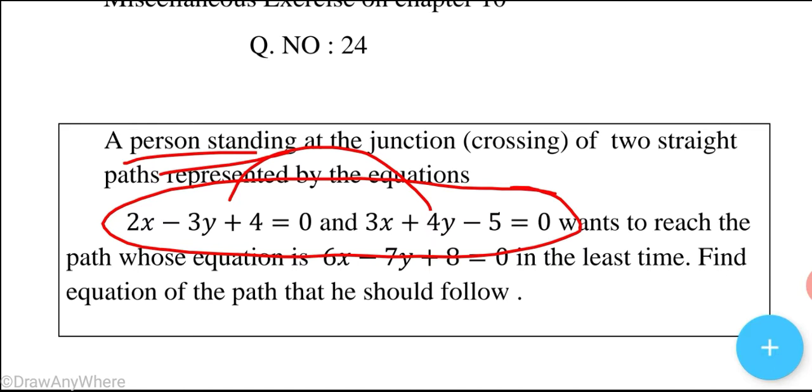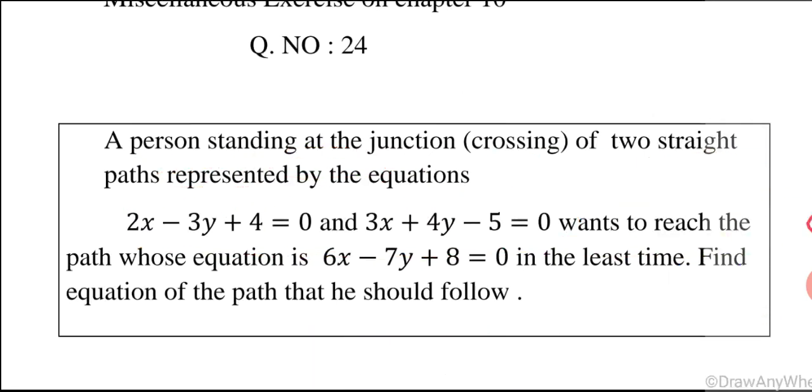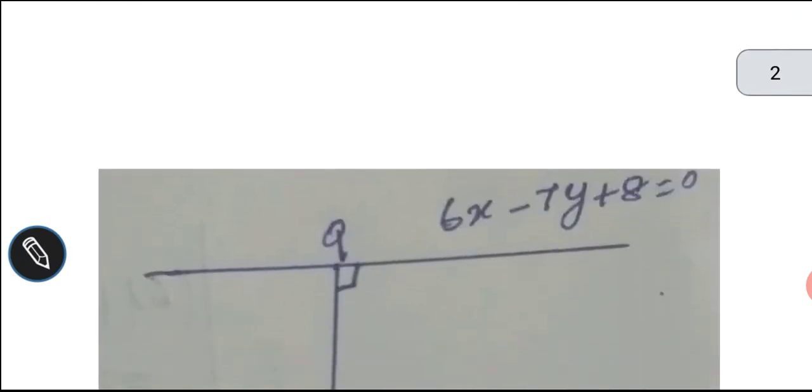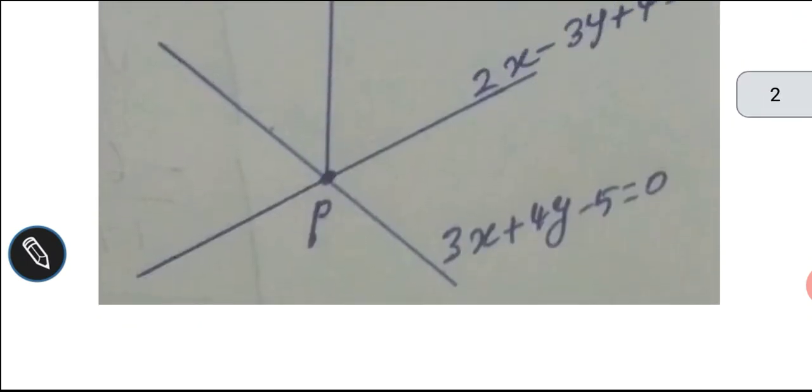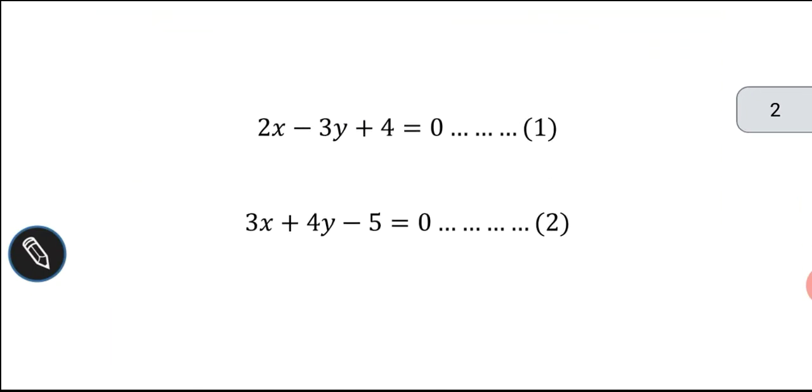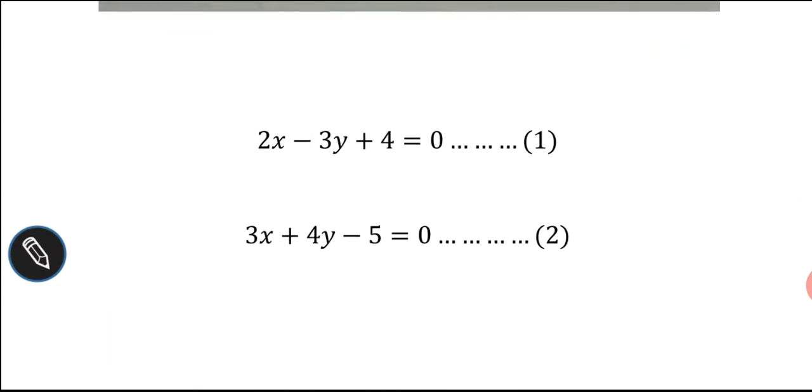So first we have to find the point of intersection of the two given straight lines.